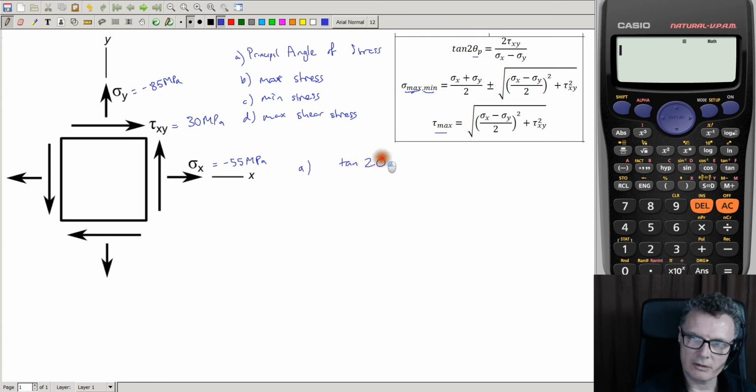So tan of 2 theta p equals 2 times 30, divided by x, which is minus 55, take away y, which is minus 85.